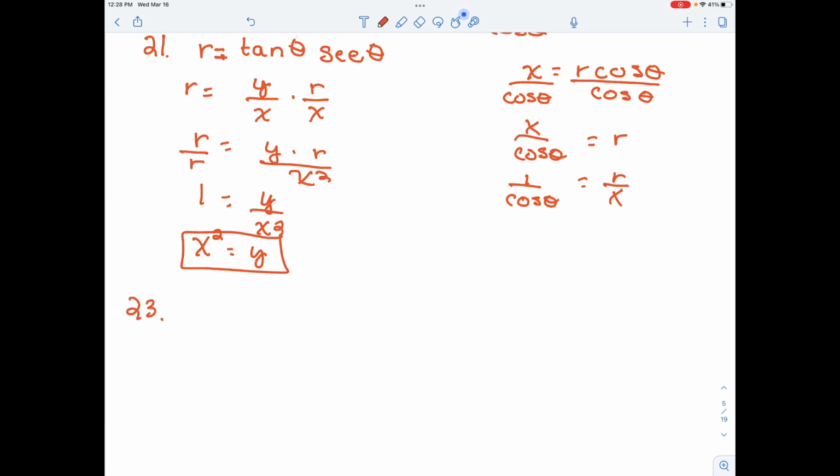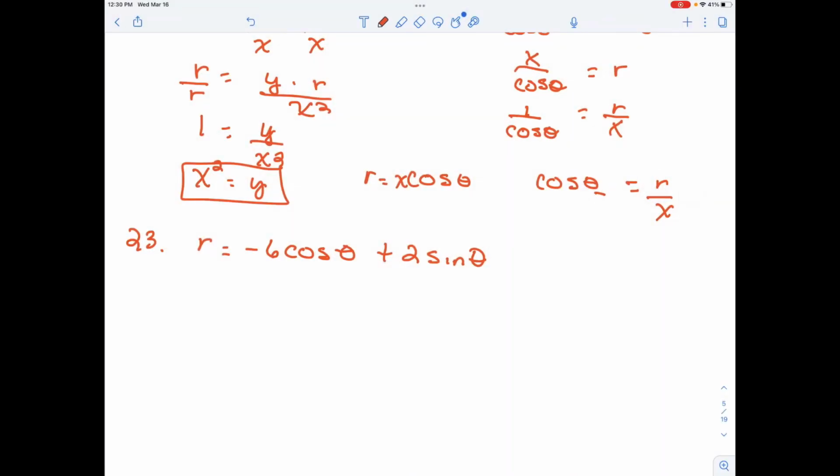All right, last one, 23. Okay, welcome back. Sorry about that. This is not what I did earlier, but I was thinking we could do this. We could multiply everything by r. So we get r squared is equal to negative 6r cosine theta plus 2r sine theta.